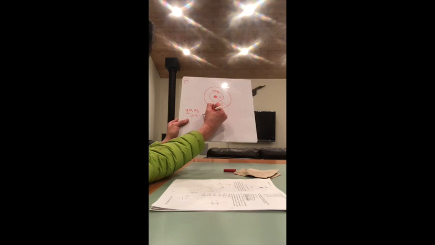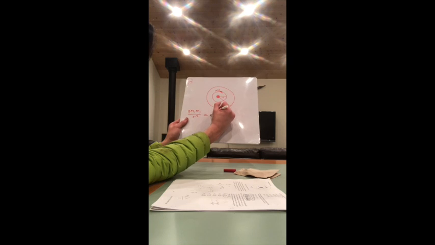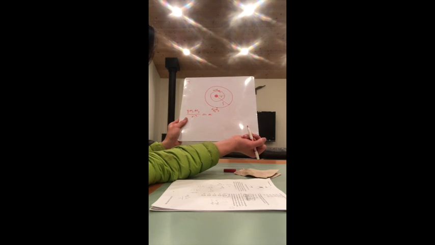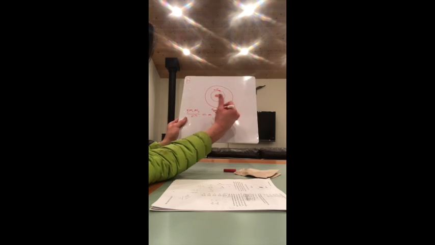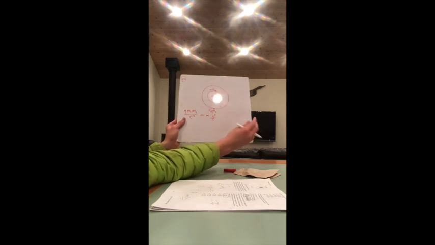And we know, because it's in uniform circular motion, that that force is also equal to mass times acceleration, where the acceleration is v1 squared over r1.